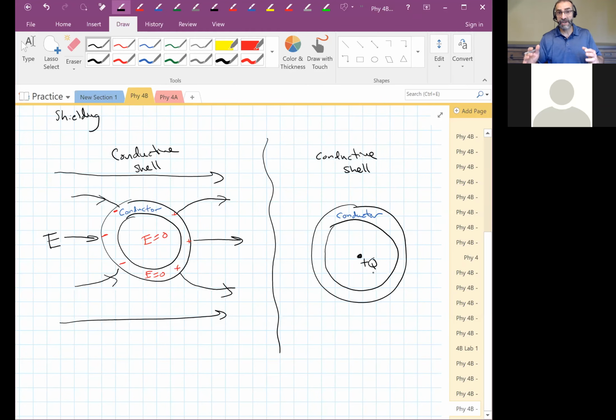So this positive charge is going to fill the space around it with an electric field, right? The lines are going to come out from this positive charge.